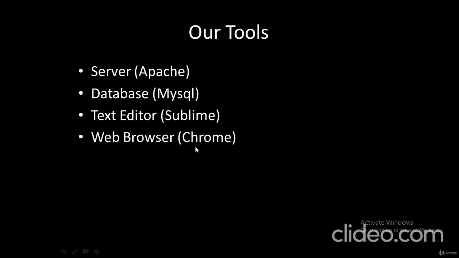I'm guessing you have Chrome already installed. The server and the database will be included in the XAMPP server program. XAMPP comes with the Apache server and the database, which is MySQL. And of course, we're going to be working with the Apache server in this course.